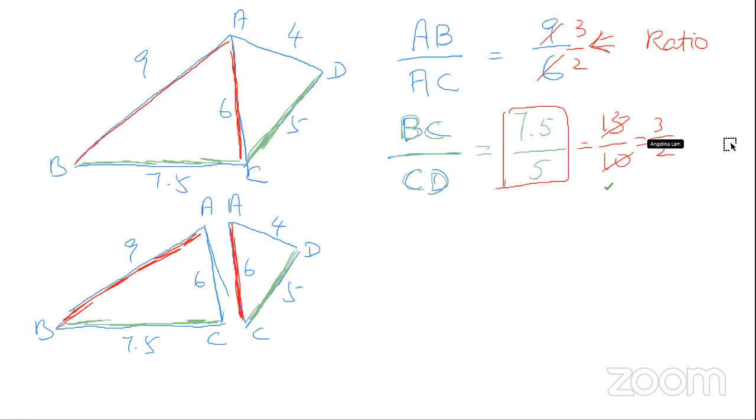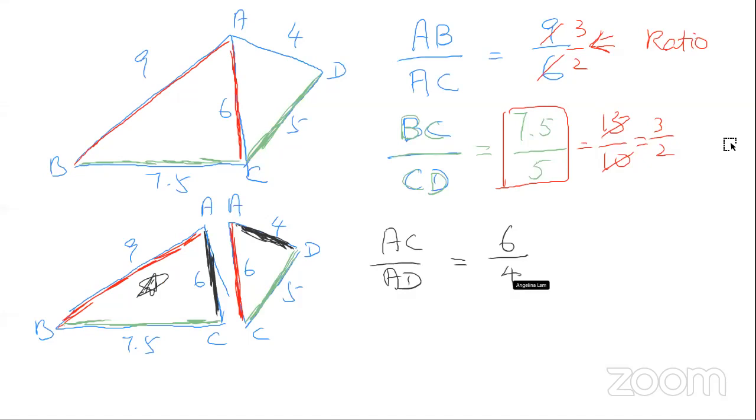Okay? And then this length of the triangle on the left should pair with the triangle, AD on the right. Therefore, in this case, if I try to use AC, this AC refers to the triangle on the left, divided by AD, which is 6/4.